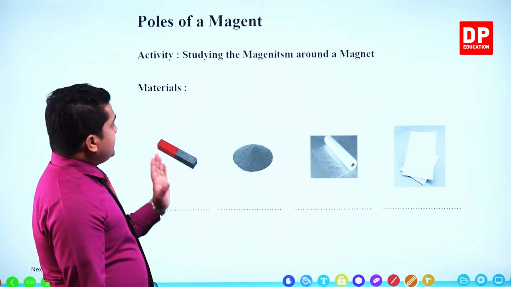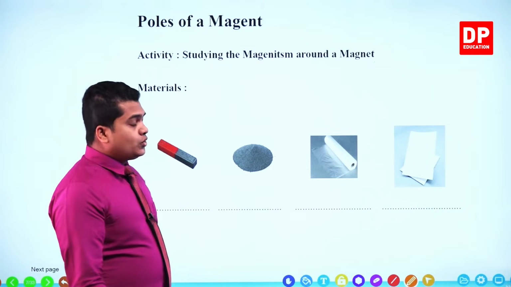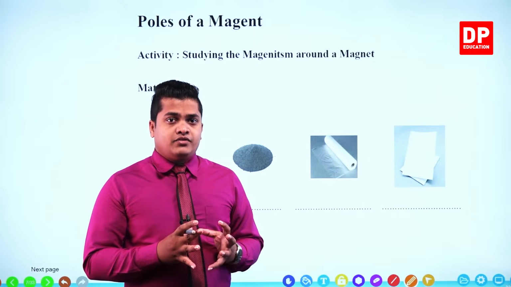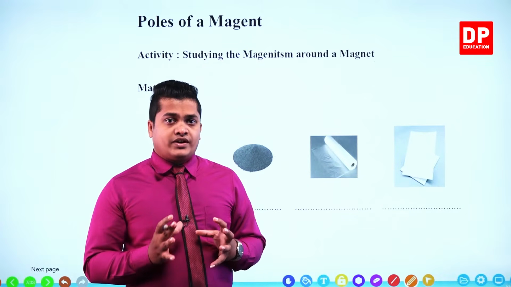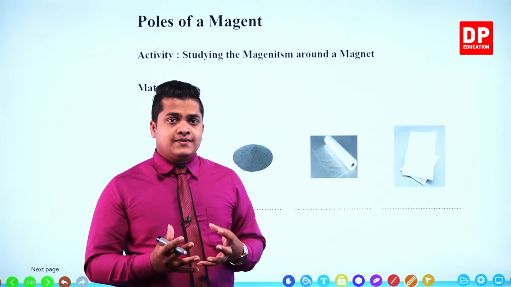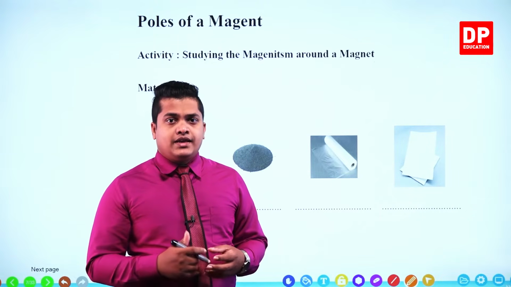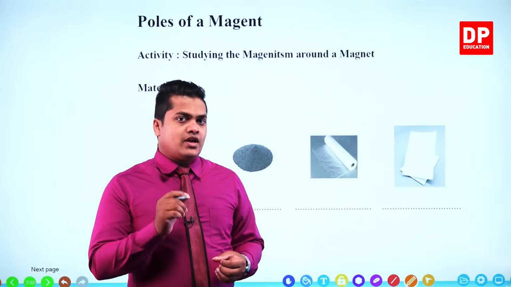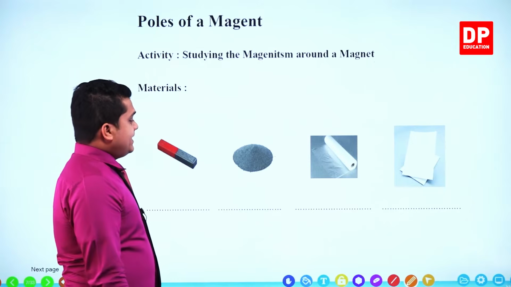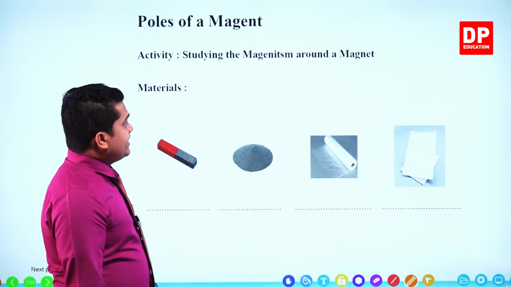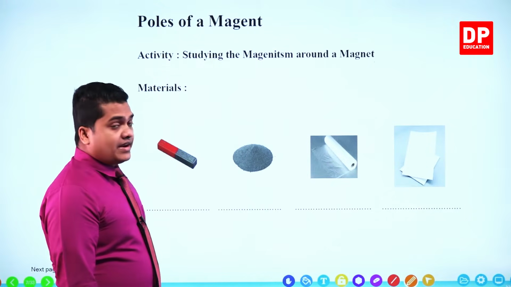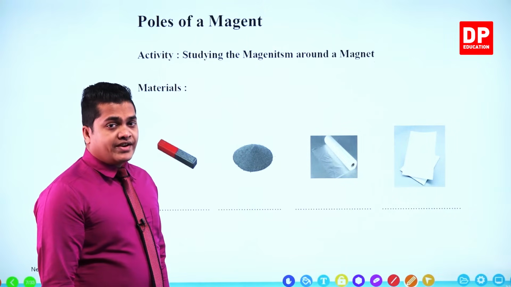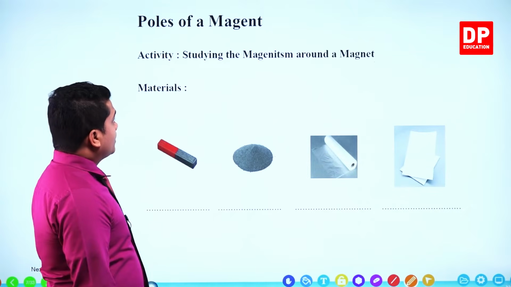We'll conduct this activity to observe the properties of a magnetic pole. First of all, we'll identify the magnetic poles.